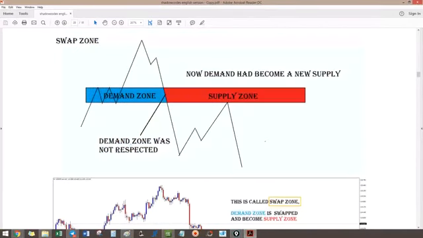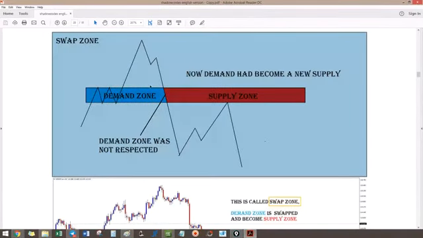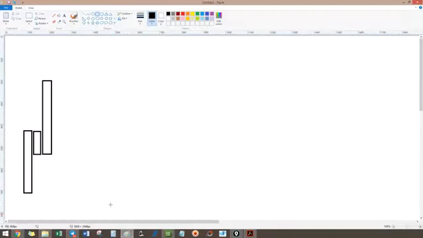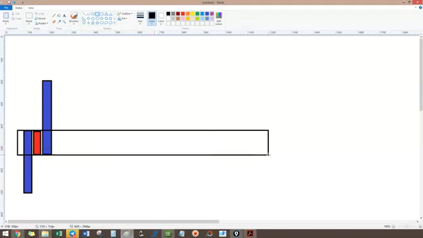Okay, so the demand zone was not respected. Now it becomes a supply zone. So for example, we have something like this. And then price suddenly does something like this.